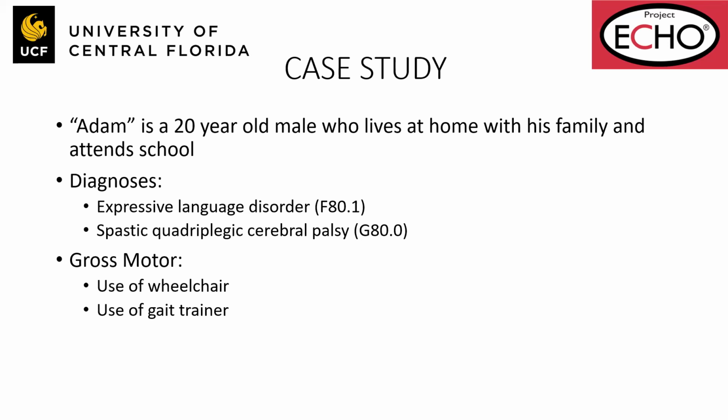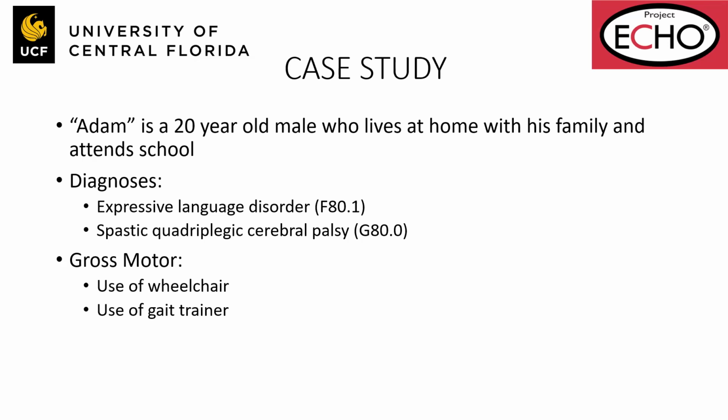All right. So Adam is a 20-year-old. He attends a specialized school. He's in the years of transition, and is starting to look at life after school. He has been a long-term communication device user.